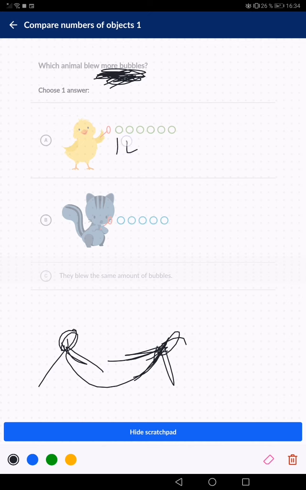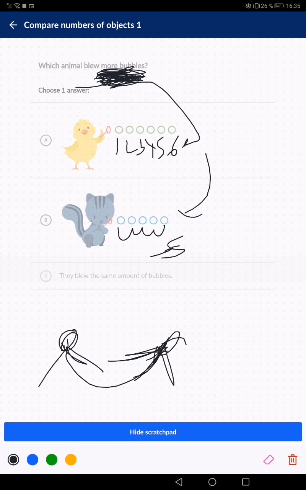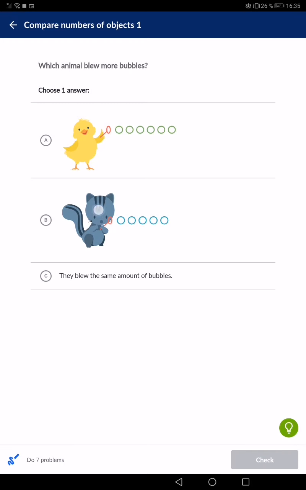So 1, 2, 3, 4, 5, 6, and 1, 2, 3, 4, 5 bubbles, right? So the question you should form is a sentence which expresses who has more and who has less, or how many more and how many less, right? So kids see the relationship.